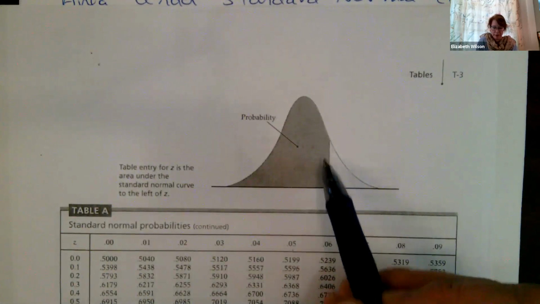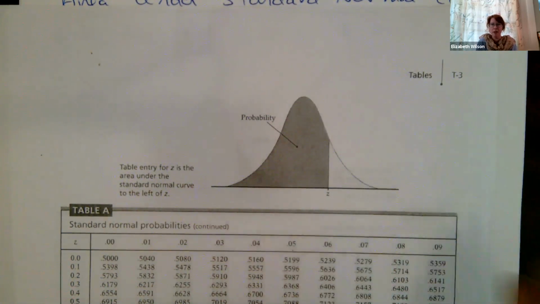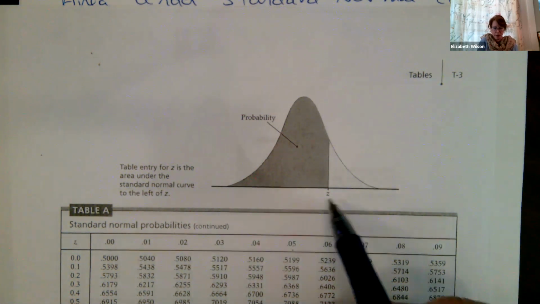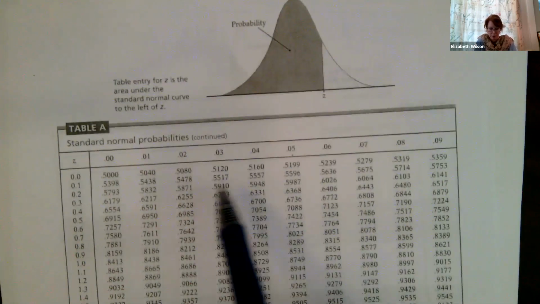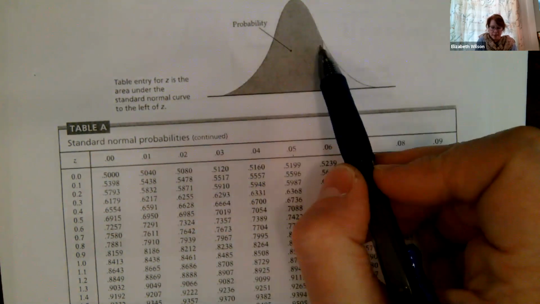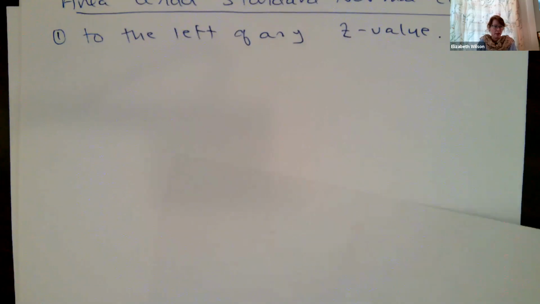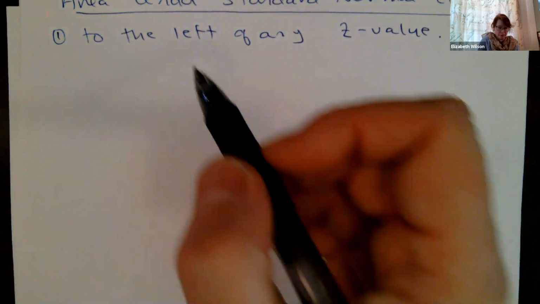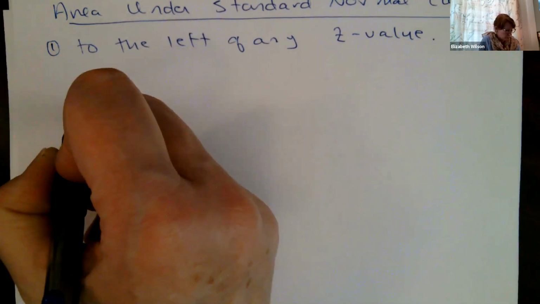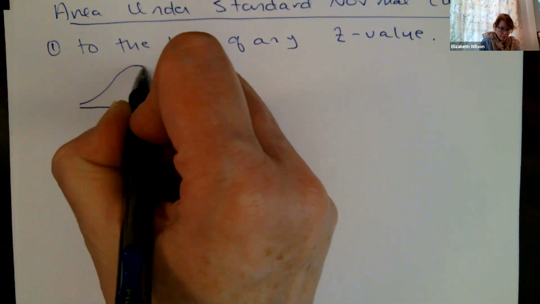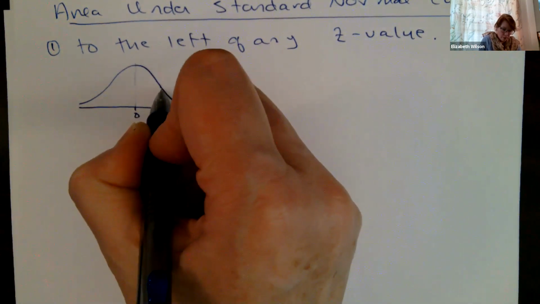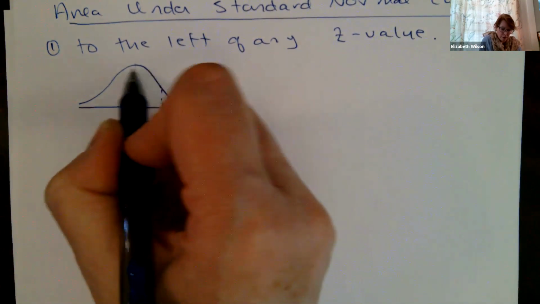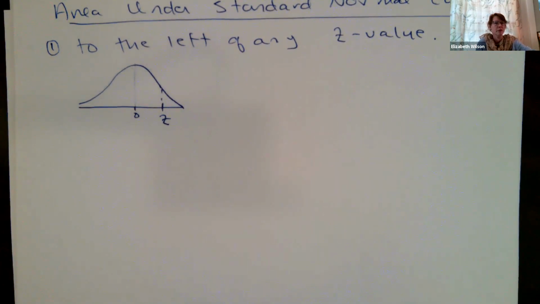If we're to the right of the mean, we're still looking at values to the left of this z-value. Okay, so always remember your probability in this table, the area under this curve, is the area to the left of that z-value. Okay, so what happens is, right, we've got our z-value, the area to the left. Let's see, I'll use a pencil here to shade it.